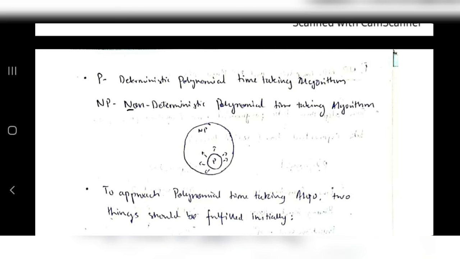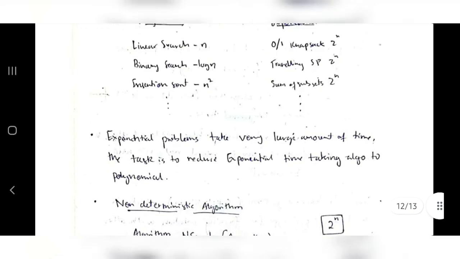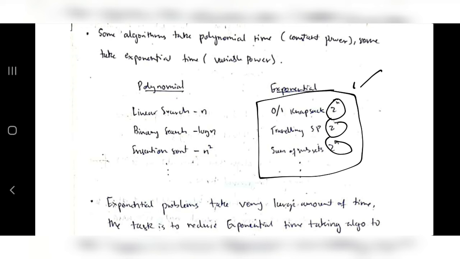The next one is non-deterministic polynomial. Initially this algorithm was taking 2 to the power n amount of time. You can consider other examples also; for all these algorithms, if you calculate the time complexity, it will take 2 to the power n time.